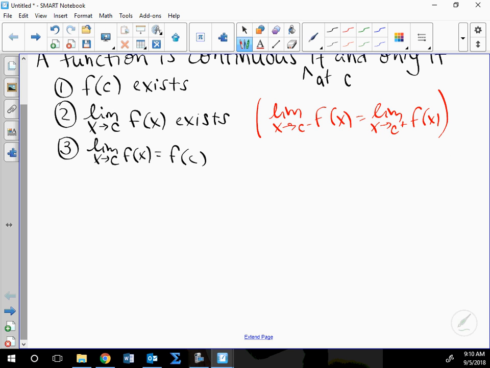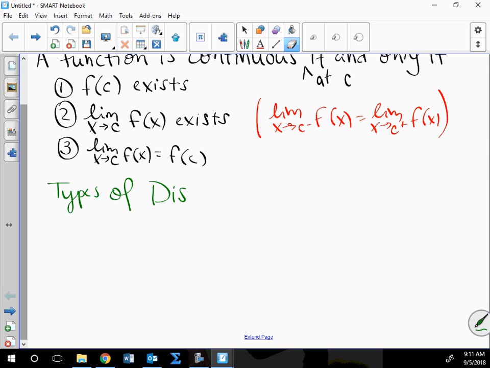All right, so we have 3 types of discontinuities. And again, we're talking about being a continuous type of function. All right, so the first one we have is called a removable discontinuity.